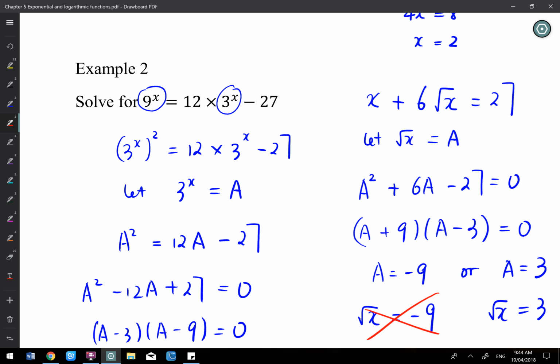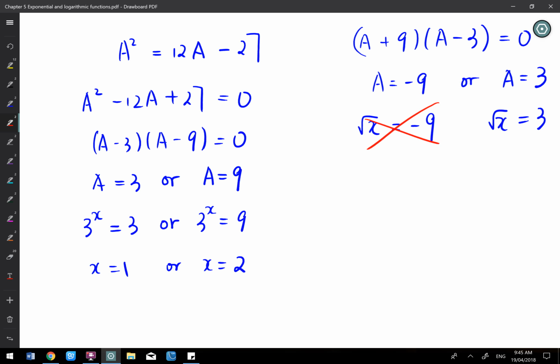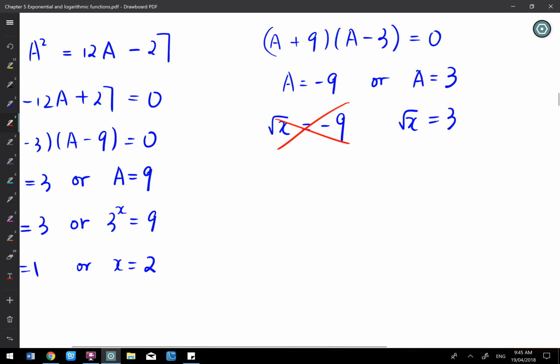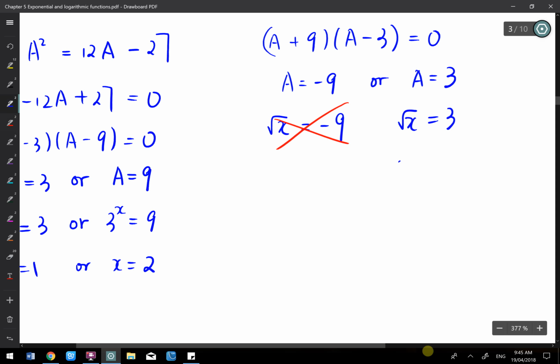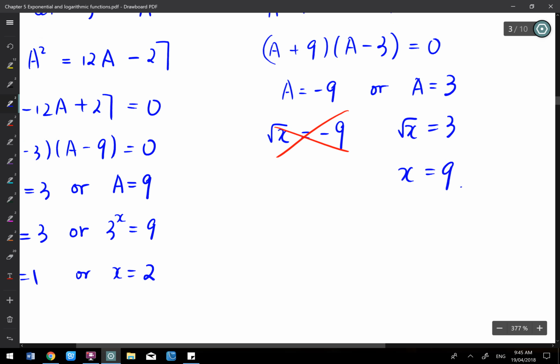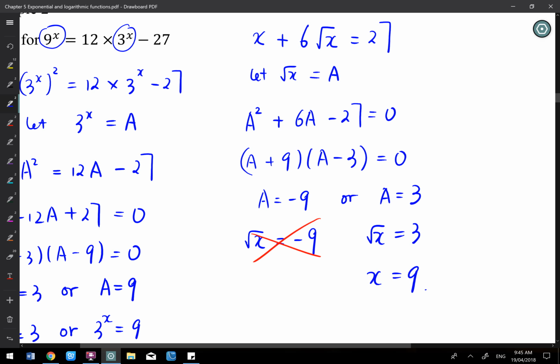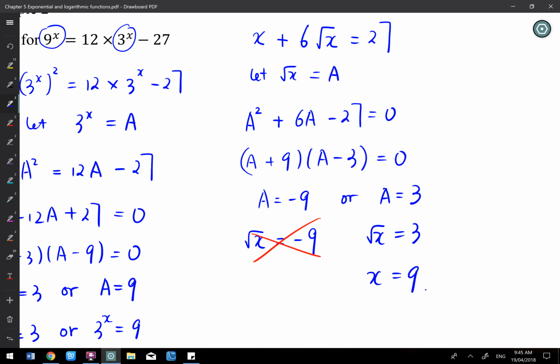When you solve your x, you need to be aware, is that achievable? When you write the statement root x equals to -9, is that really achievable? It's not achievable, so we don't have that one. That's the extra solution. We only have x equals to 9 here. Therefore, in this question, only one solution, which is x equals to 9.